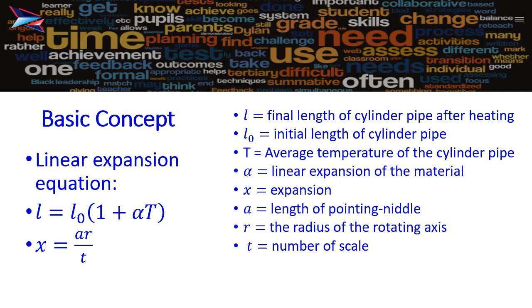A is the length of the pointing needle. R is the radius of the rotating axis, and T is the number of scale divisions covered before and after the heating. So when we have done the experiments and got the data, you are going to use these equations to determine the linear expansion coefficients for each different material.